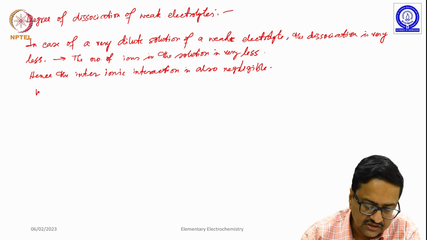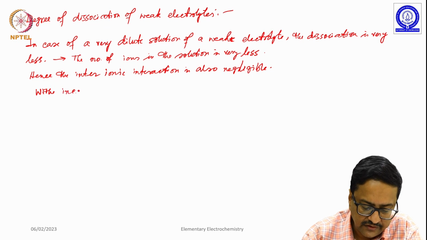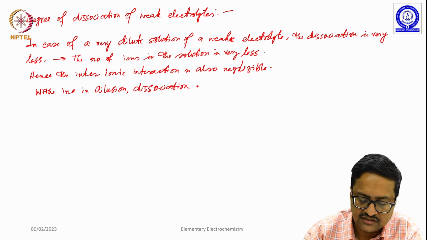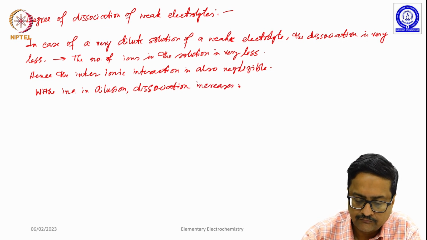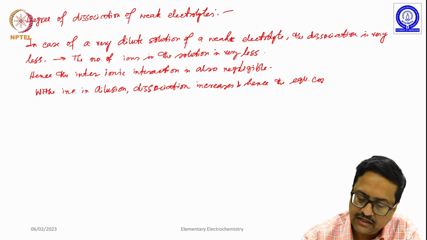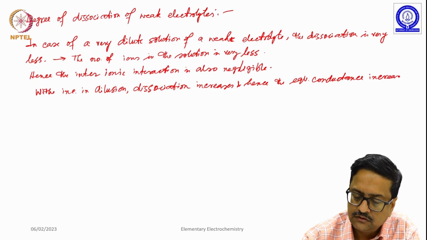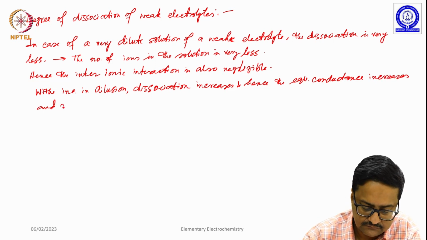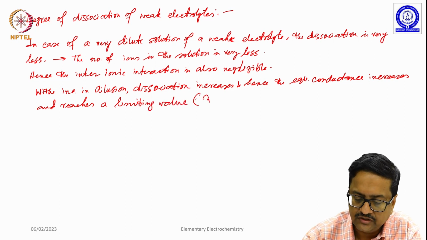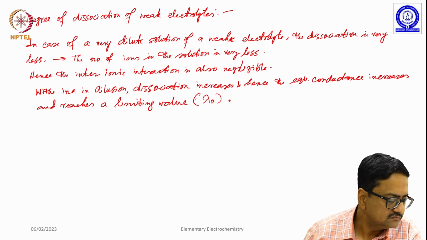When we increase dilution, with increase in dilution, dissociation increases, and hence the equivalent conductance increases and reaches a limiting value, which we write as lambda 0.